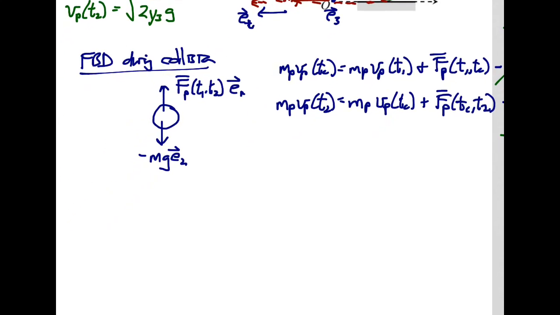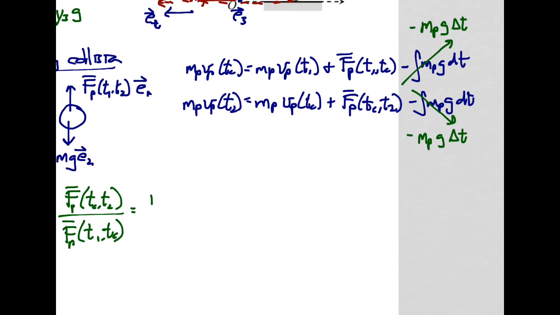And so when we plug all this in, we get that our coefficient of restitution, being the ratio of these impulses from Tc to T2 divided by the impulse from T1 to Tc.